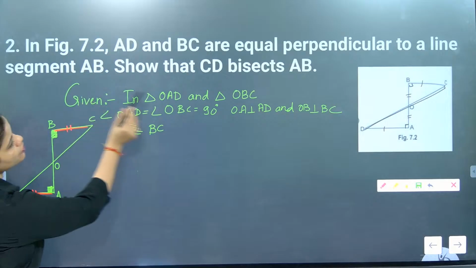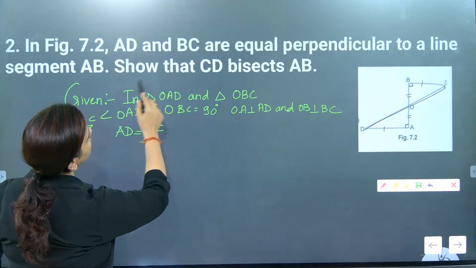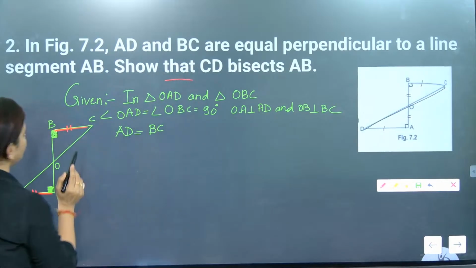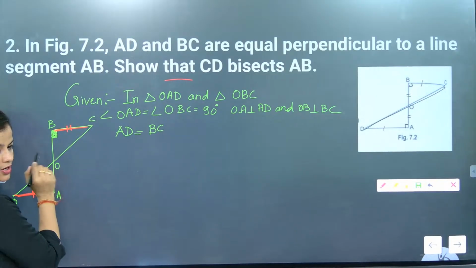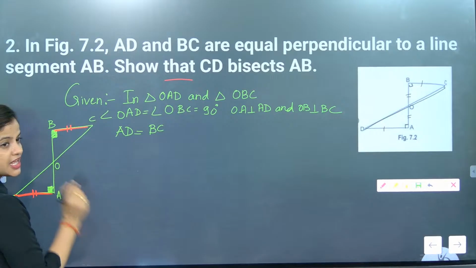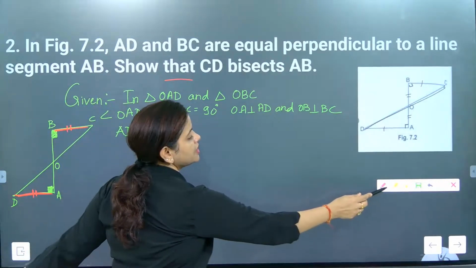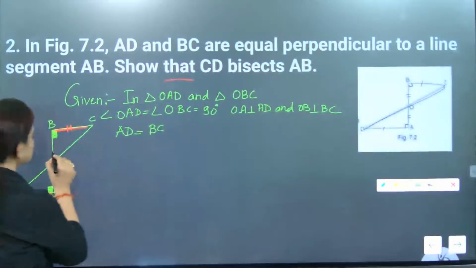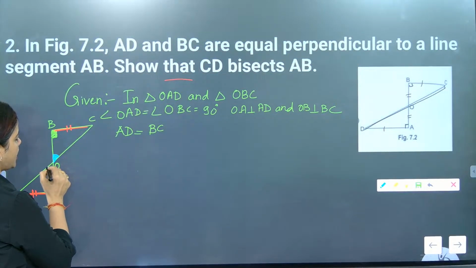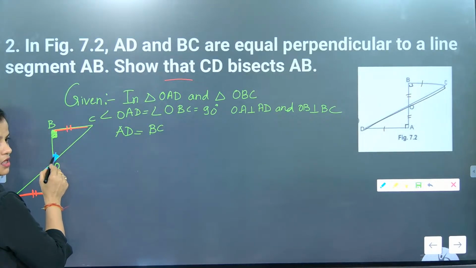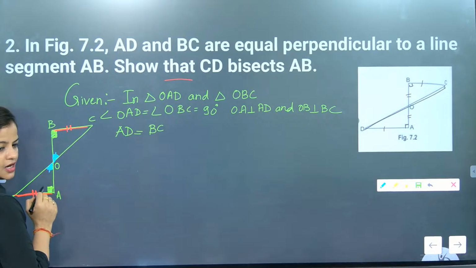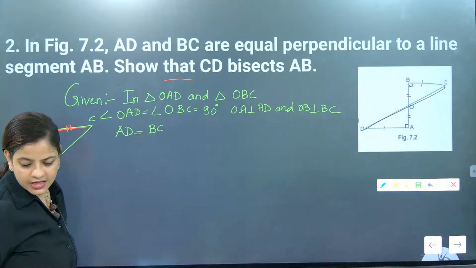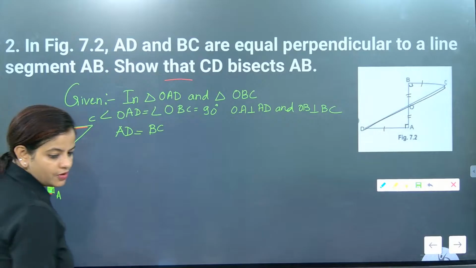See what words they have used: line segment, perpendicular, bisecting. When we use this word, it means they are intersecting. And whenever they intersect, what will come? Vertically opposite angles. So what criteria are we going to use, beta? Angle, angle, side. So with vertically opposite angles we will be able to prove it.